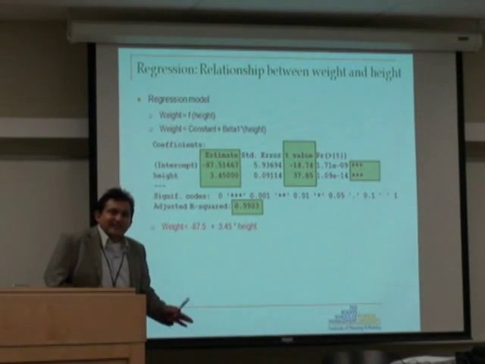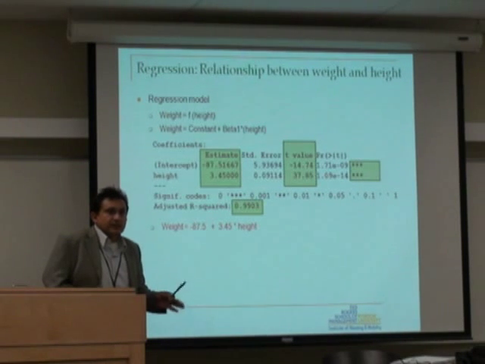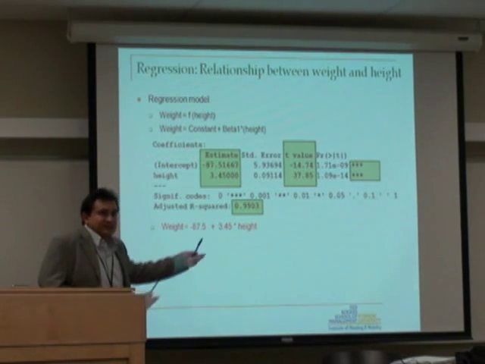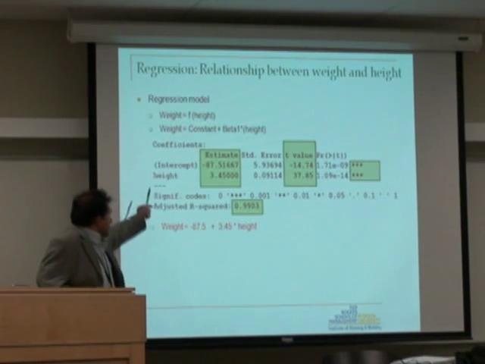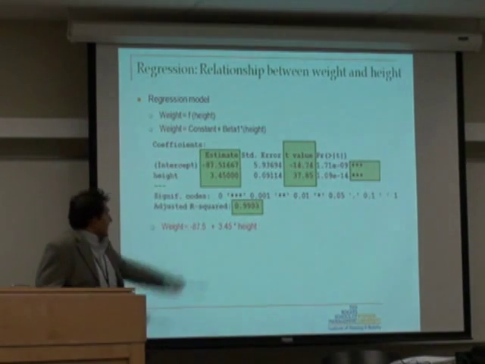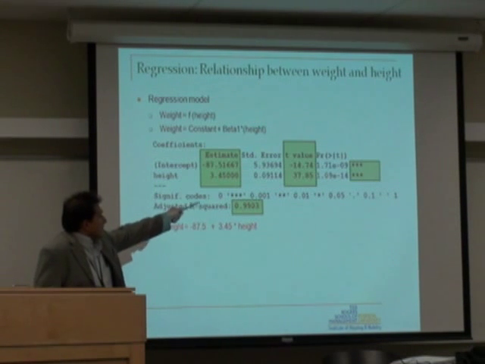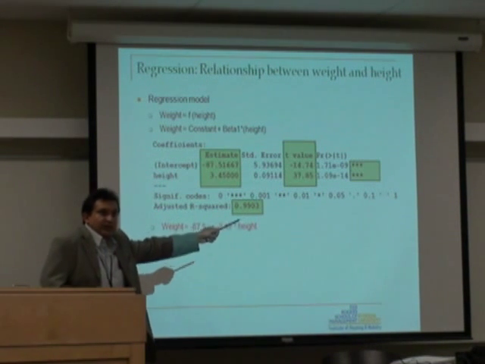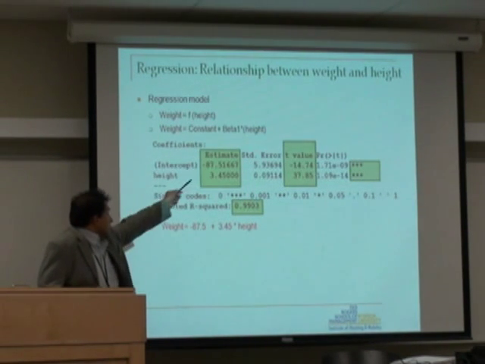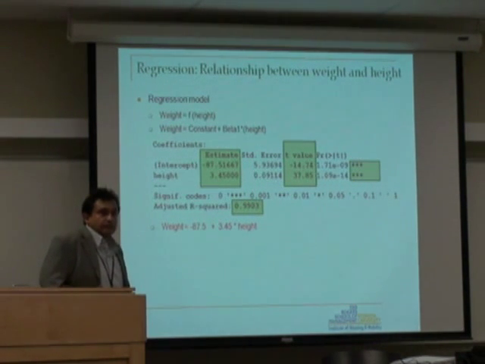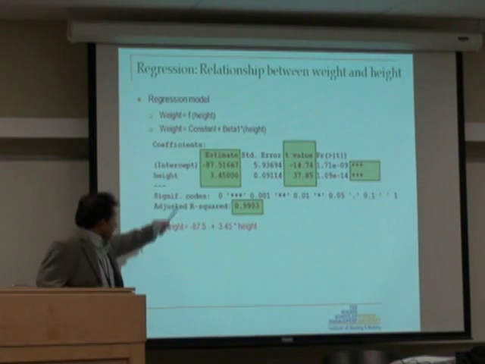Usually we do not look at the t-stat for the intercept or the constant because it's not an explanatory variable. It's just a conditional mean. What we are interested in is the coefficient for height, and the coefficient for height is 3.45. The t-value is 37.8, so I can say that I can reject the null hypothesis that this height coefficient is 0. Right?